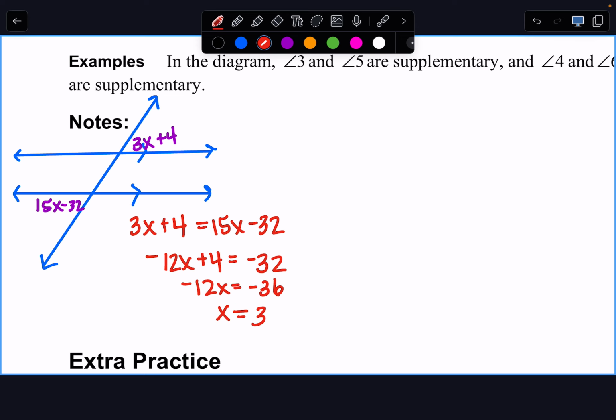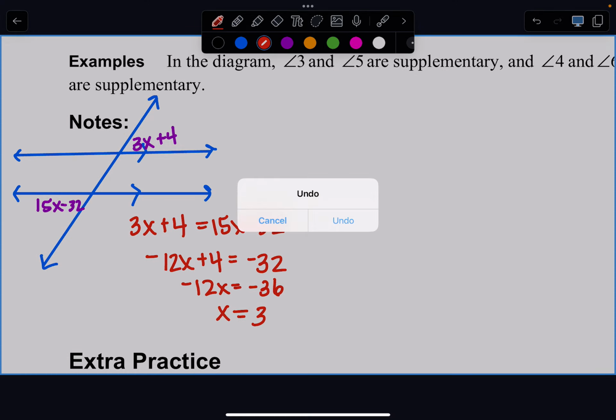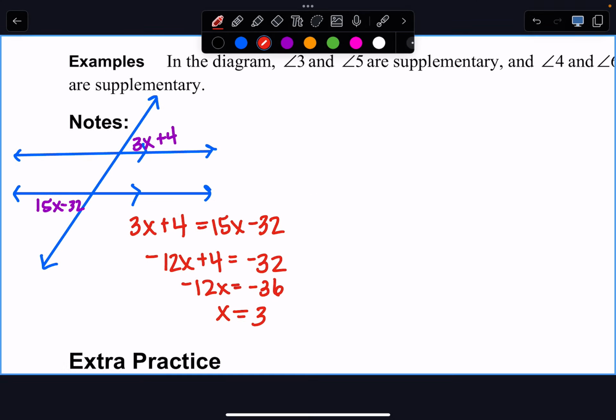Okay, now this is what I appreciate. I heard someone say x equals 3, which means our angles are 13. So x is 3, but if I ask you for the angle measurement, if we plug 3 back in, we would get each of these angles are 13 degrees. Okay?